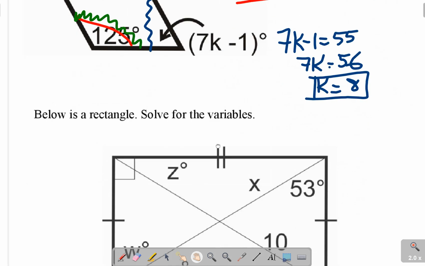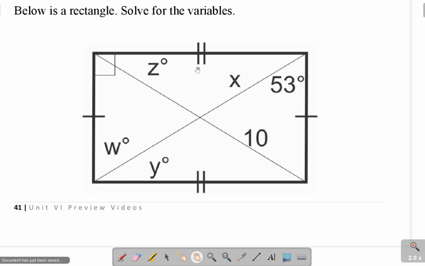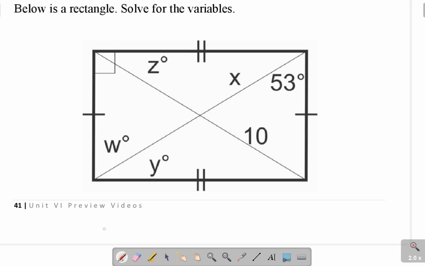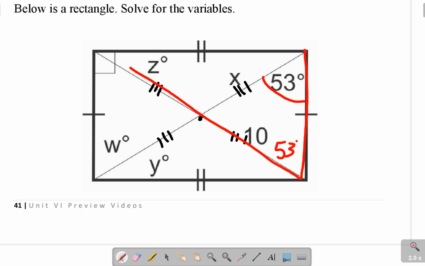Coming down here, if it's a rectangle, the most important thing about a rectangle is to realize all 4 of these triangles in the middle are isosceles. If you have 2 equal sides, 2 equal angles. So when it comes to angles, you simply walk around that. That's 53. This is 53. Armpits of the Z. This is 53.